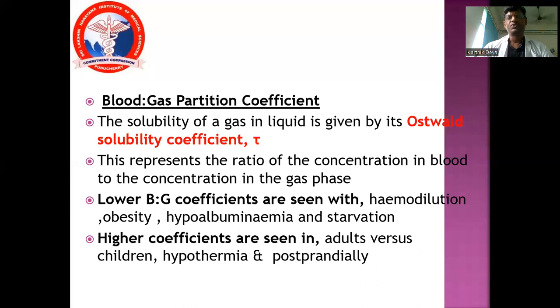That is the blood gas coefficient. This represents the ratio of the concentration of anesthetic agent in blood to the concentration in the gas phase. Lower blood gas coefficients are seen with hemodilution, obesity, hypoalbuminemia, and starvation. Higher coefficients are seen in adults versus children, hypothermia, and postprandial conditions.